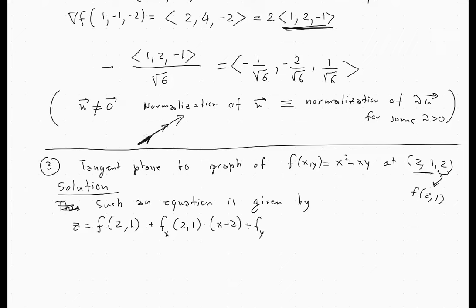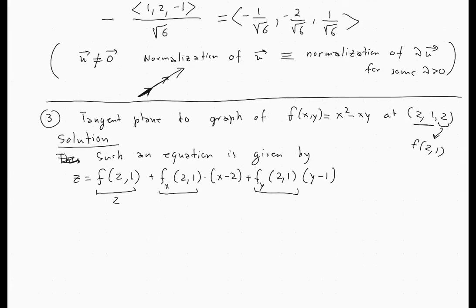So basically, we know that f of 2, 1 is 2, and we need to find the other two numbers, right? So we need to find this number and this number. By the way, this is the graph of the linear approximation. So what you have on the right is the best linear approximation for f at the point 2, 1.